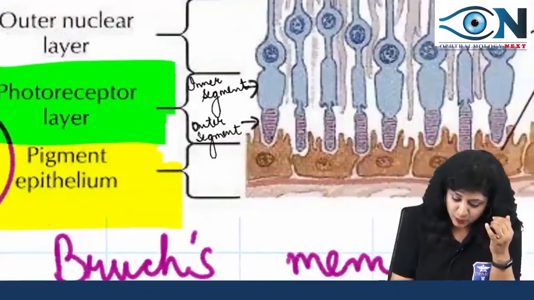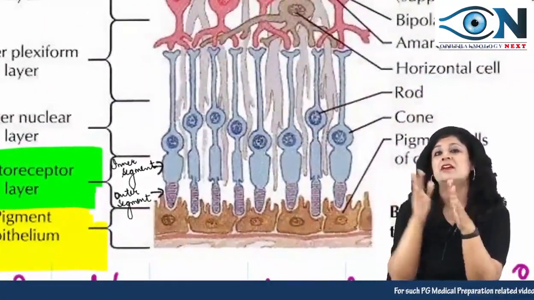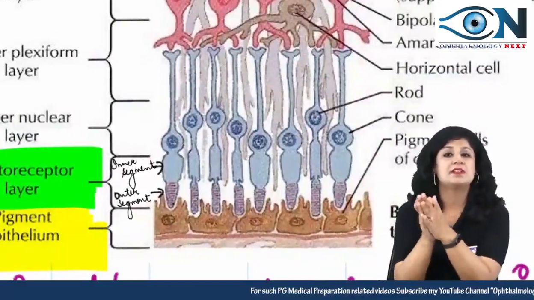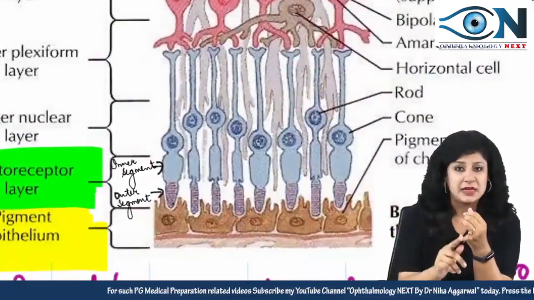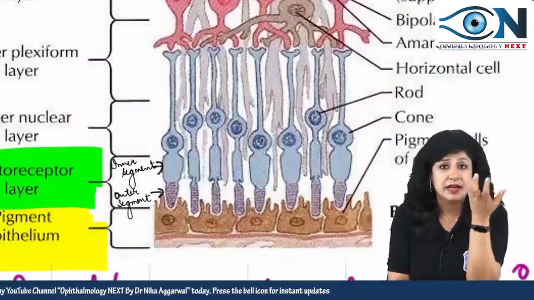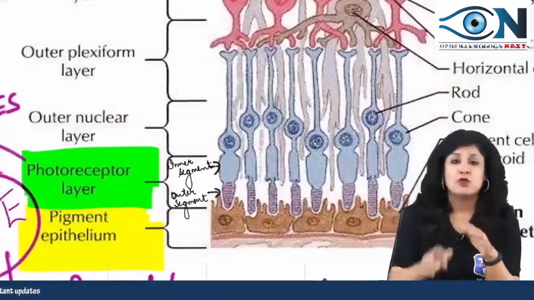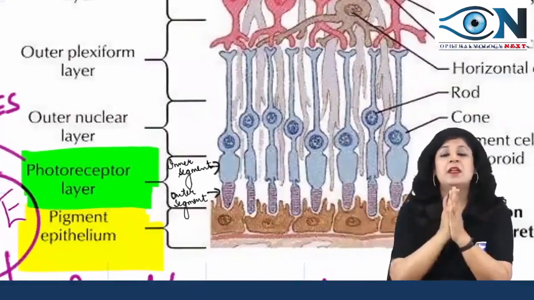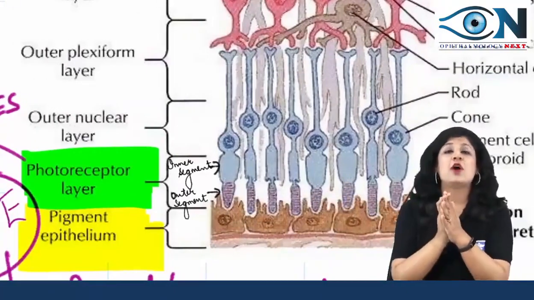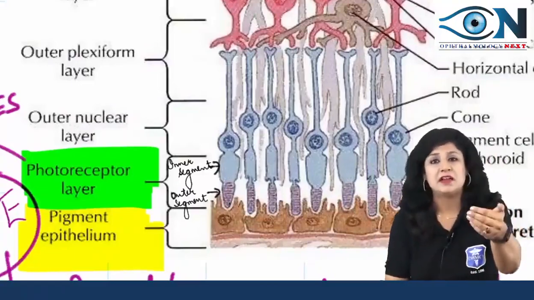Now as you move forward, we have got a limiting membrane. So this layer will be your external limiting membrane. So we have the RPE layer, then we have got the layer of photoreceptors. These layers contain the outer segment and the inner segment, and then we have got an external limiting membrane. Now after that, we have got outer nuclear, outer plexiform, inner nuclear and inner plexiform.